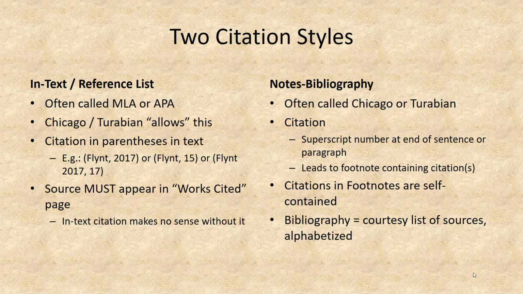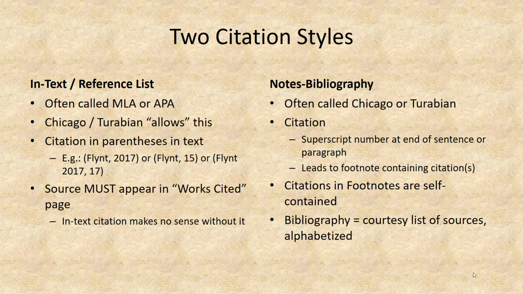A footnote can contain a number of source citations, but remember two things. Any time you cite a source for the first time in your paper, make it a first full citation, not a shortened subsequent citation. Also, when inserting multiple citations into a single footnote, separate each with a semicolon.